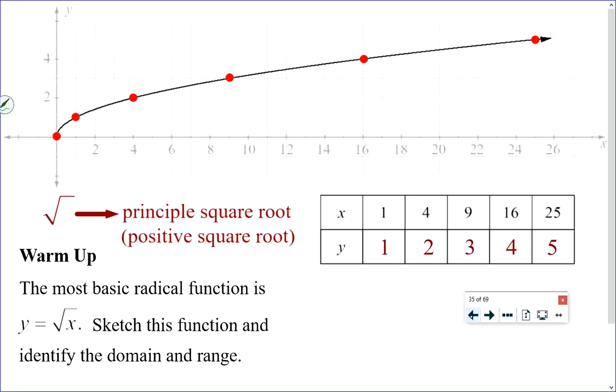And I would say that all of these points are, well, I won't draw arrows to all of them, but I will draw to a couple. These are what we call key points. They are points that help you get a better picture of the graph of the function. And all of the red points are key points. Okay.